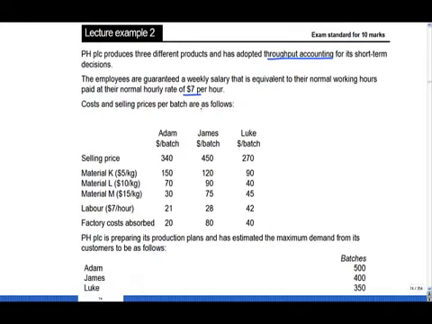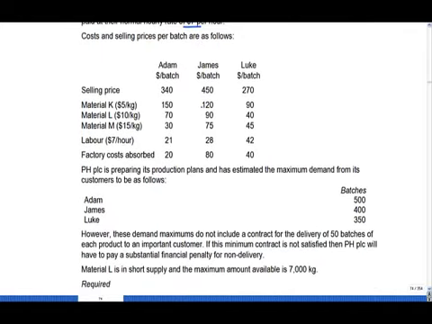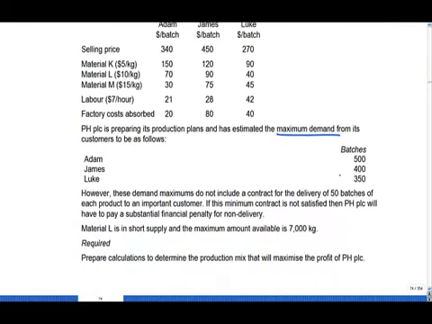Then we've got information about our batches. We're told our maximum demands. However, they don't include a contract for the delivery of 50 batches of each. If that contract is not satisfied, we have to pay a substantial penalty. Now, it doesn't matter what that penalty is. Basically, this question is telling you these demand numbers are not the only thing you need to make.